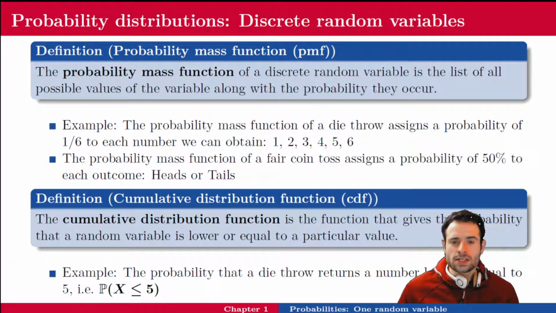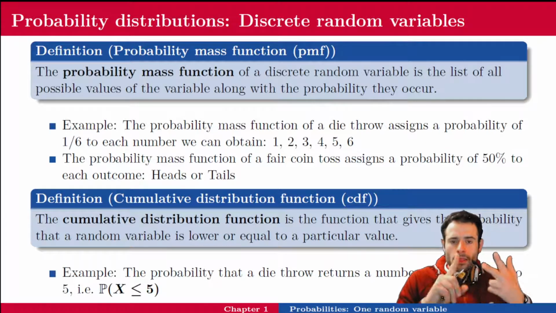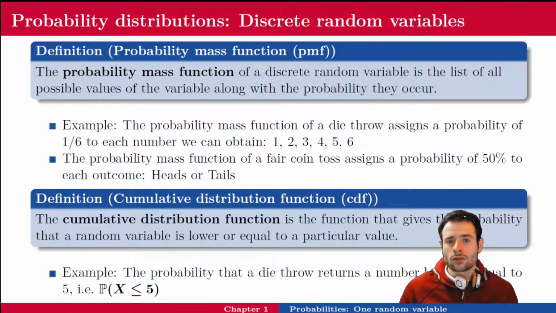Why do we say it's cumulative? Because we need to take all the possible events that are going to be satisfied. Since x should be lower or equal to 5, we are going to add the probability of getting a 1, the probability of getting a 2, the probability of getting a 3, the probability of getting a 4, and the probability of getting a 5. That gives you 5 out of 6 possible outcomes.